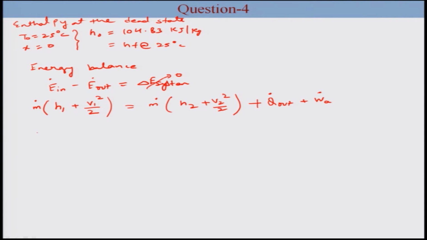So putting in all the values, h1 is 3634.1 kilojoule per kg plus the velocity at the inlet, which is 60 meter per second.